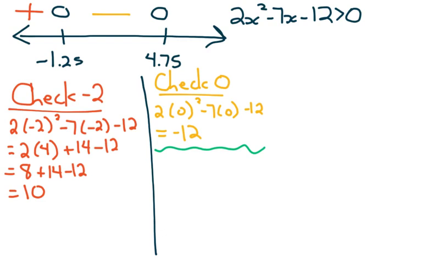And we'll pick a number on the right. I'm going to choose 5. We get 2 times 5 squared minus 7 times 5 minus 12.